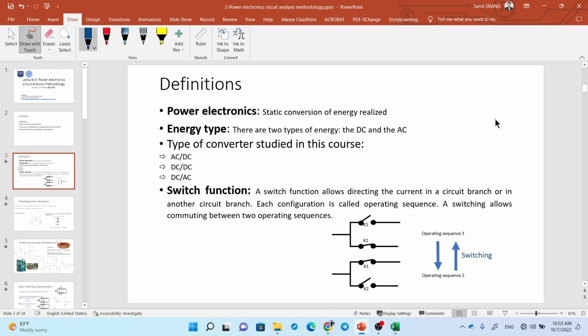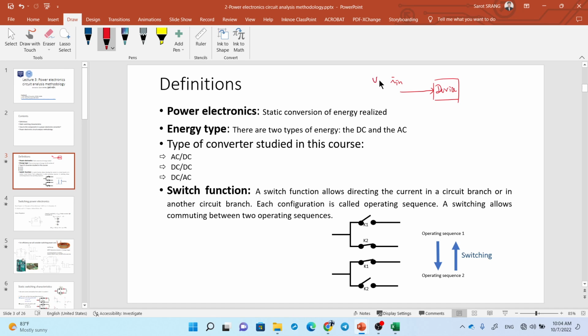Okay, the first one is about power electronics. The division here is static conversion of energy to be realized. Static conversion here means we only consider the steady state. Let's say we have a device that converts energy. So the input can be current input and voltage input.